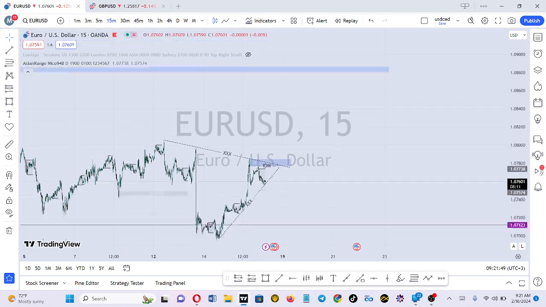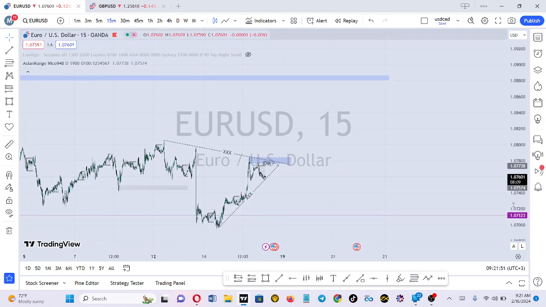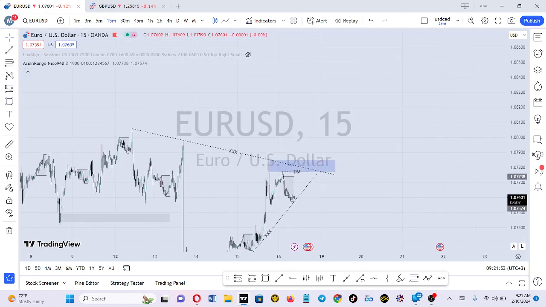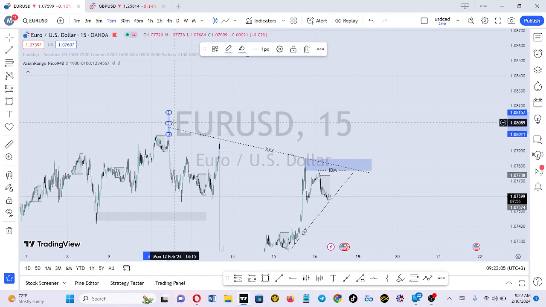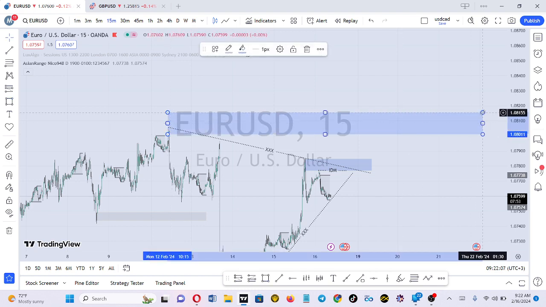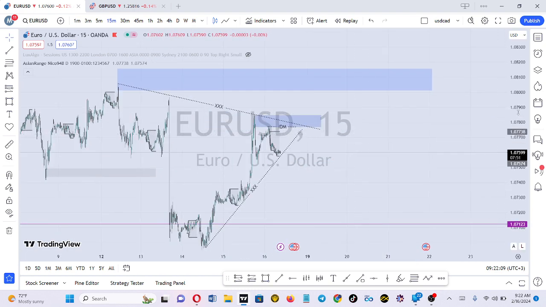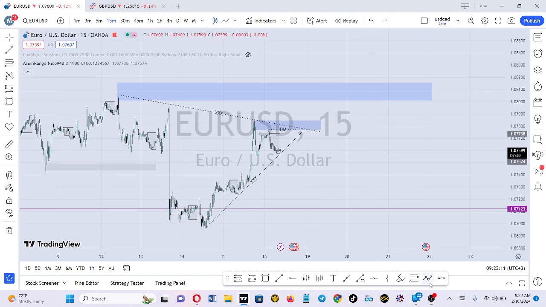But then I expect it to take time to reach that. For now, we'll have to monitor the areas around this trend line. It could take out this trend line, and you never know, we might have something to do here also. Let's see how they're going to create the models.